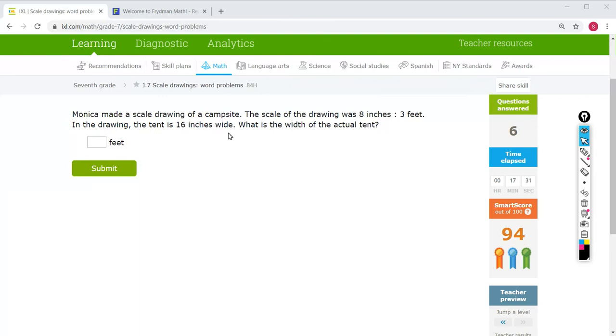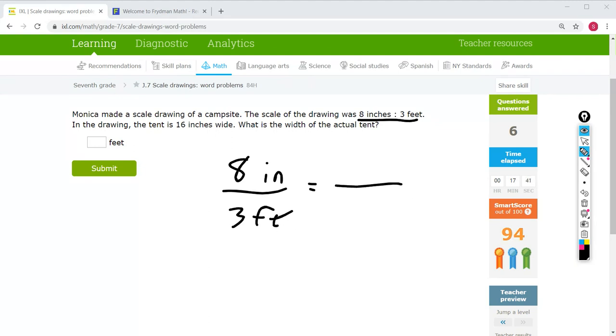This one, you just have to be careful. I'll write it out for this one. We have 8 inches over 3 feet equals, notice that I put inches in the numerator here, so I need inches in the numerator here, feet in the denominator, so I'll put feet in the denominator on the other side. The only little twist here is that it gave me 16 inches.